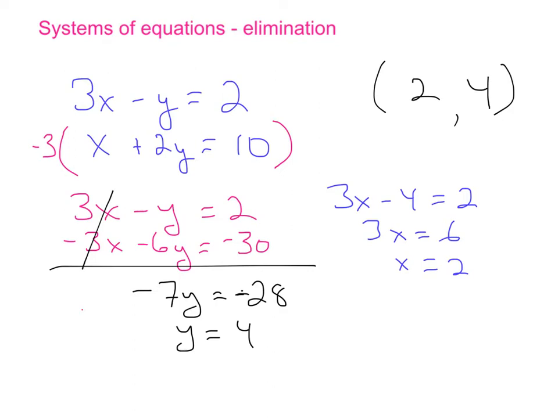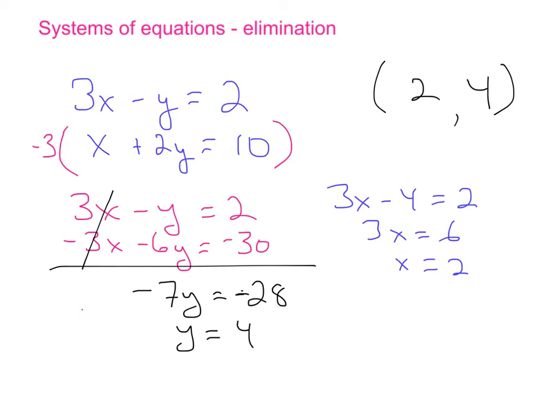Now, in this example, I chose to eliminate the x's, but I could have just as likely chosen to eliminate the y's. And if I wanted to eliminate the y's, what I would have done is multiplied this very first equation by positive 2, because if I multiplied this negative y by positive 2, I would have ended up with a negative 2y and a positive 2y, which would have in fact eliminated.